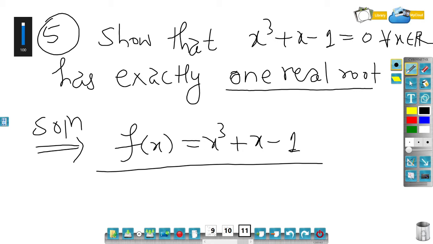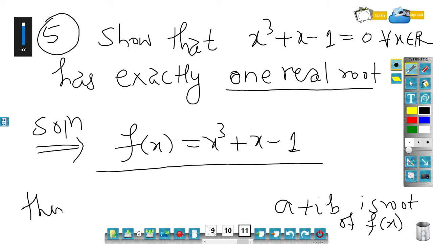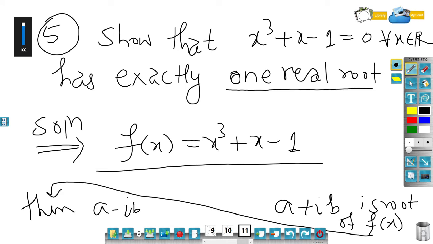And you know, if a plus ib is a root of f x, then you can always say a minus ib is also a root, because complex roots always occur in conjugates.